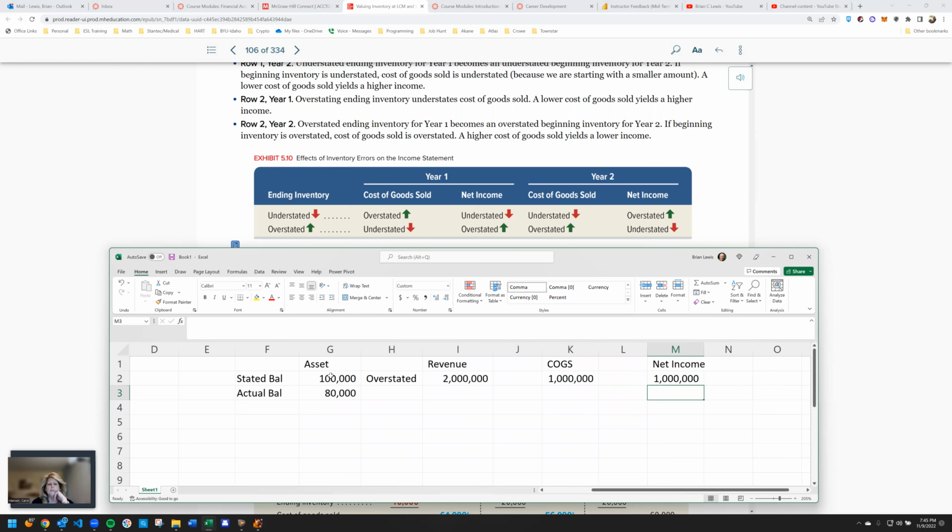So because it's overstated by $20,000, it doesn't change anything on the revenue side, right? It's only going to change the cost of goods. So effectively, what we would have to do to correct it, the adjustment is going to be the difference between these two. So what would my adjustment end up being?